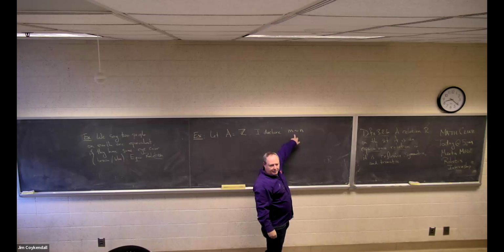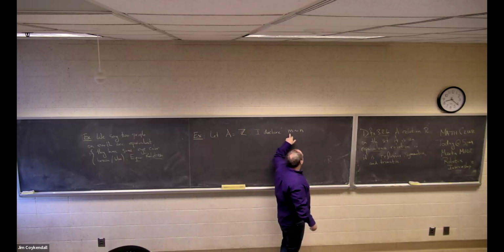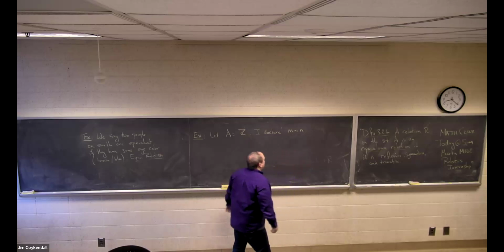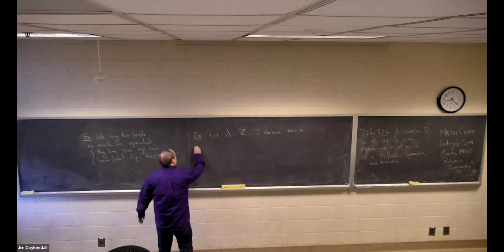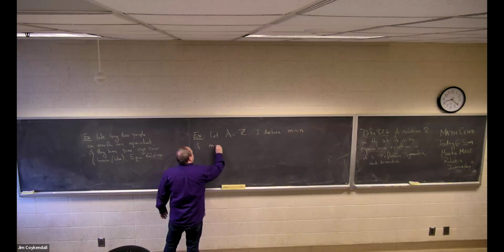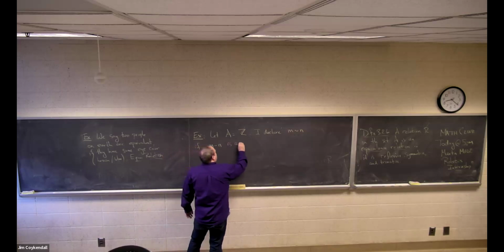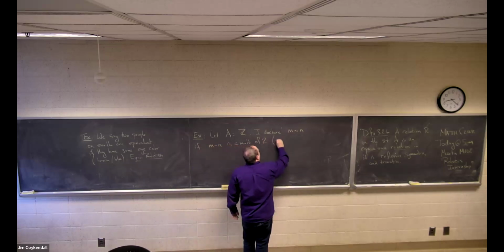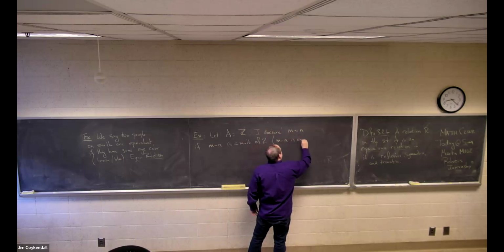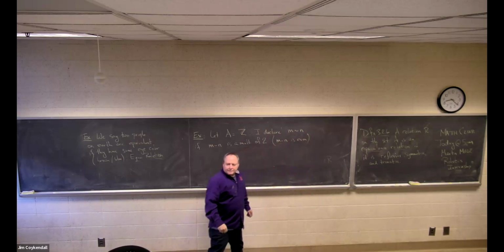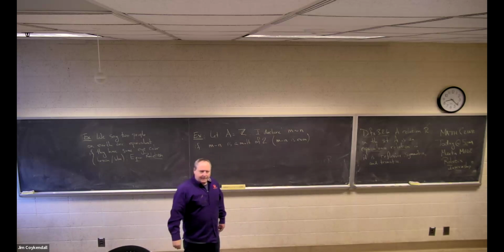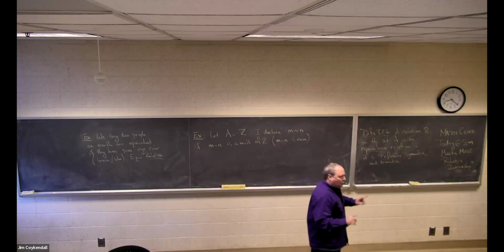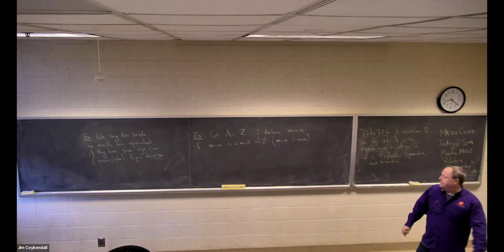Sometimes I'll use this symbol instead of the R; it's a notation especially used for equivalence relations. We will say the two integers are related if m minus n is a multiple of 2. Or I'm going to say the two integers are related if their difference is even.